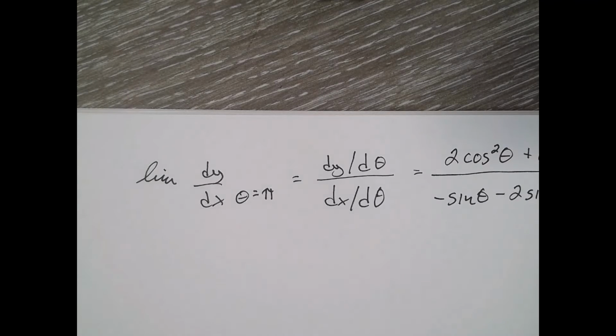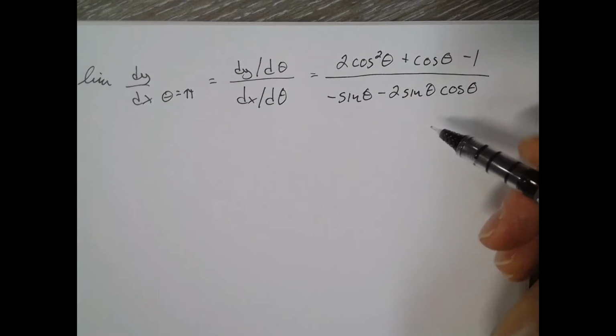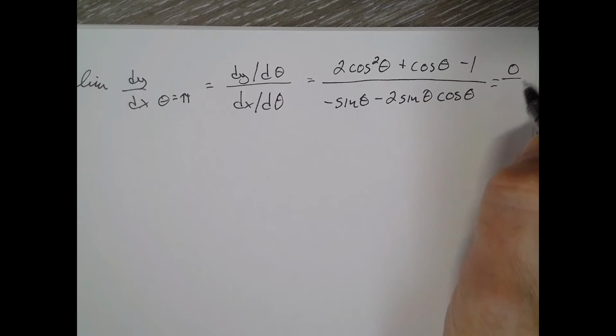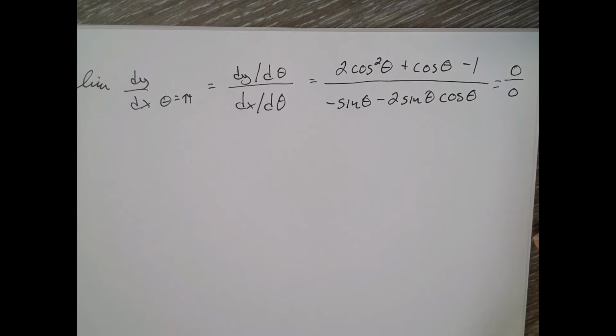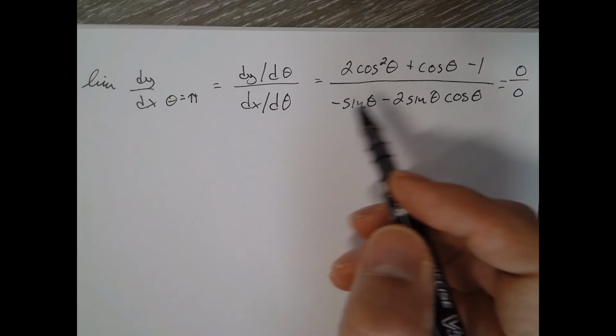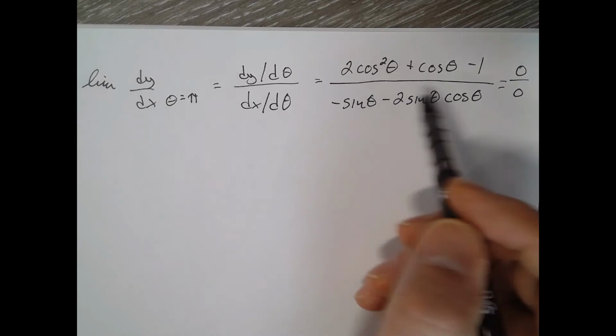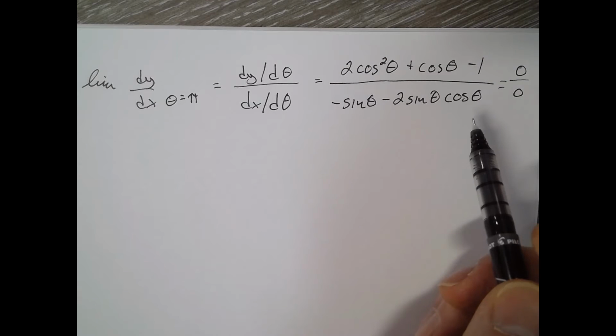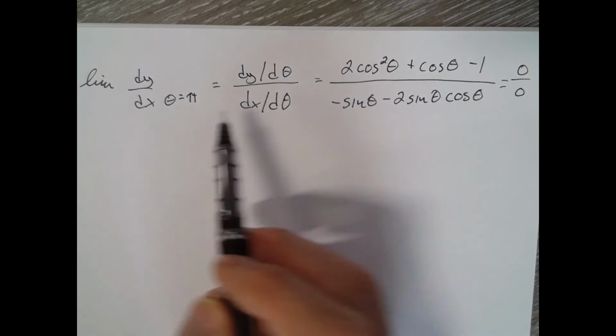So now, if I plugged in pi into the top and into the bottom, we know we're going to get 0 over 0, which is indeterminate form. So we don't know what happens as theta approaches pi. So we'll use L'Hopital. We'll find the derivative of the top, the derivative of the bottom, and send theta to pi and see what we get.